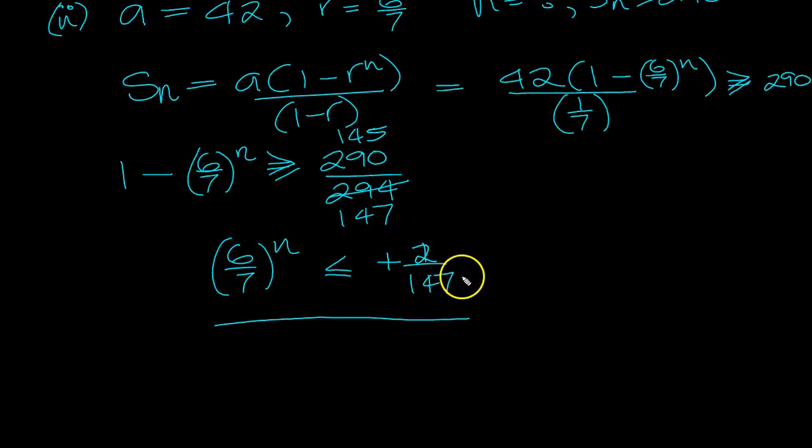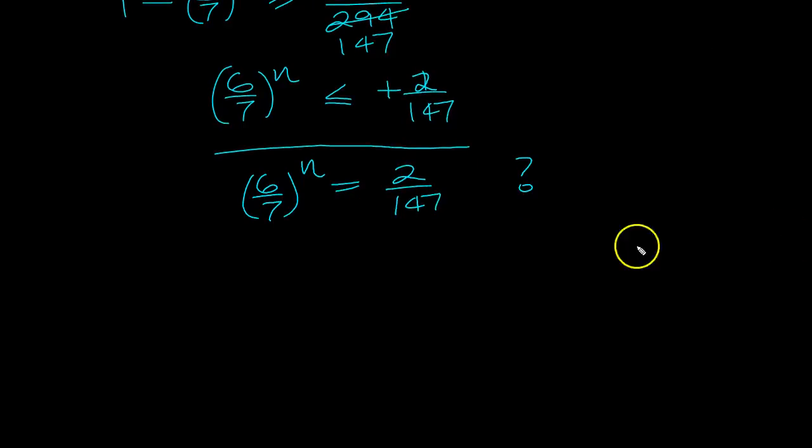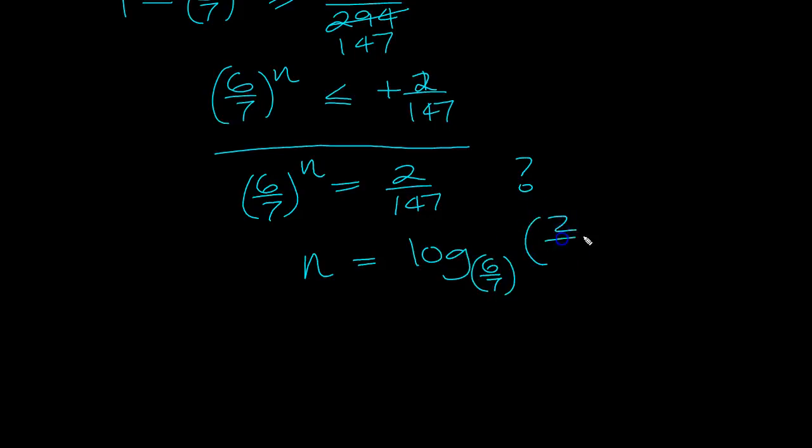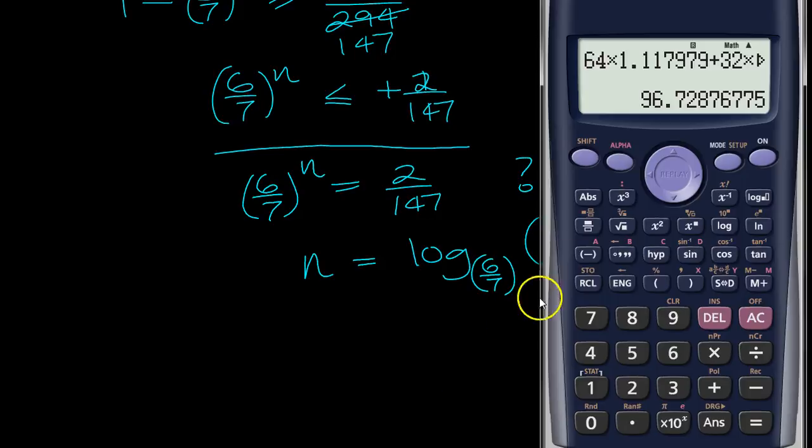2 over 147. So what value of n is less than is what you could do, or you could just go equals. So 6/7 to the n is equal to 2 over 147. What value of n do you get? We'll take logs. N is equal to log base 6/7 of 2 over 147. So let's have a look at that.